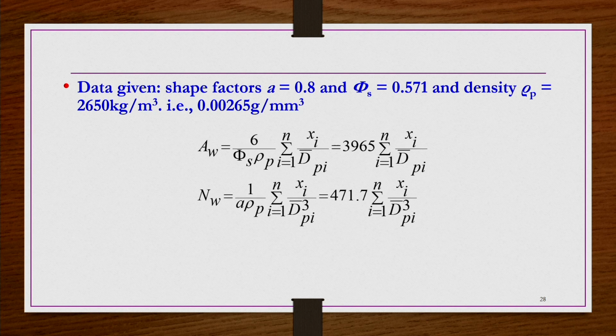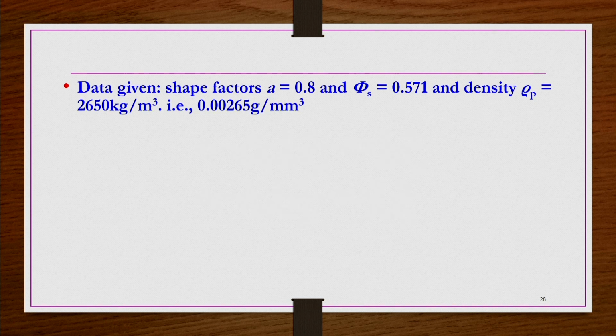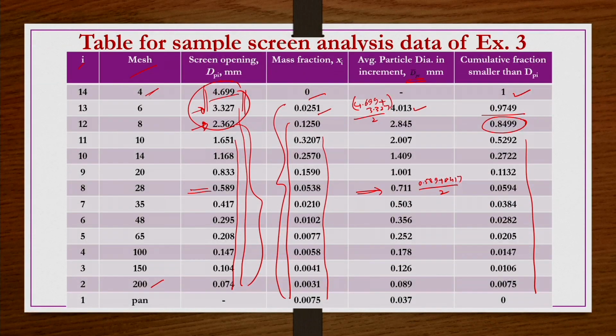The first part of the question is obtaining the AW. AW is 6 by pi s rho p times sigma xi by Dpi bar. So, in this table we need another column, xi by Dpi bar, with each xi and its corresponding Dpi bar.